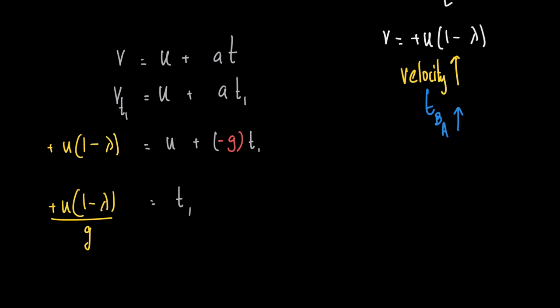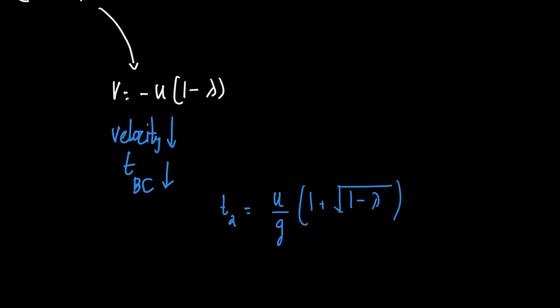Made a small mistake here, sorry. So this would actually have u into root of 1 minus lambda minus u the whole by minus g is equal to t1 while going upwards, and we have u into 1 plus root of 1 minus lambda minus u the whole by g while coming downwards.